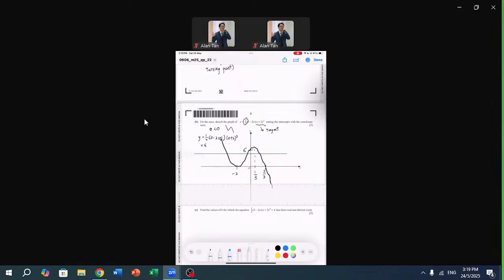If we move this line anywhere between the x-axis up to this point, up to the stationary point, which is very terribly drawn, it should never be like that.